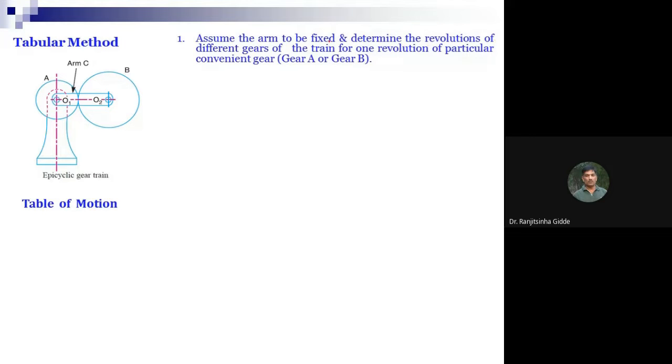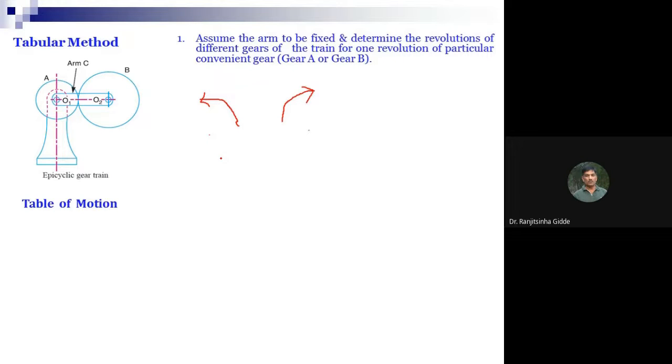Determine revolution of different gears of the gear train for one revolution of a particular convenient gear. Now we are going to rotate gear A, anti-clockwise here, and this one is clockwise.